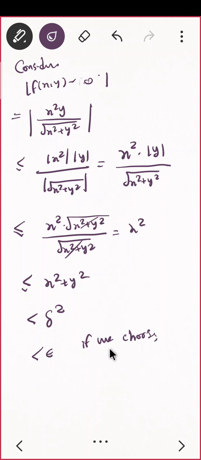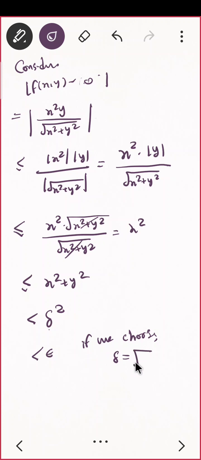Sorry, what should I choose my delta? Because epsilon is already given to us. This term is less than epsilon. If we choose delta as, what should I choose my delta at the place of delta so that this becomes epsilon?